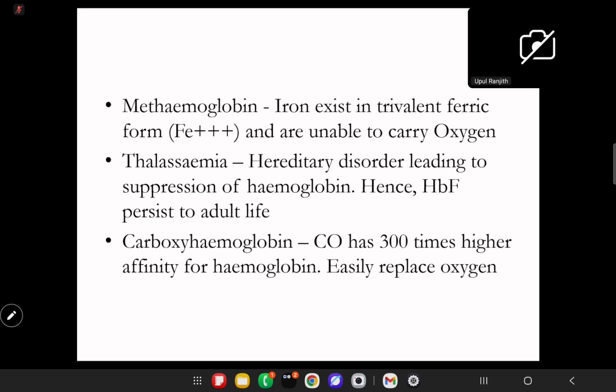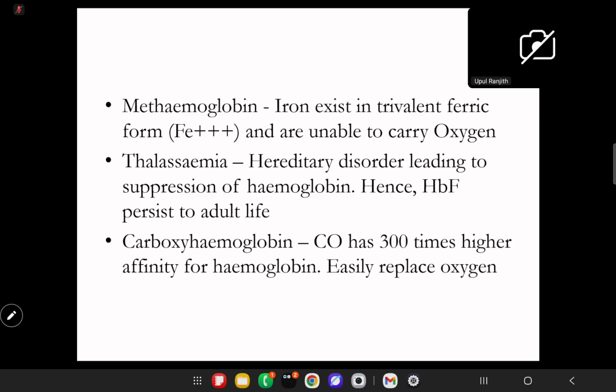Then methemoglobin, where iron exists in the trivalent ferric form. Normally it is in the ferrous form, and oxygen can bind with the ferrous form. But in methemoglobin it is in the ferric form and unable to carry oxygen.